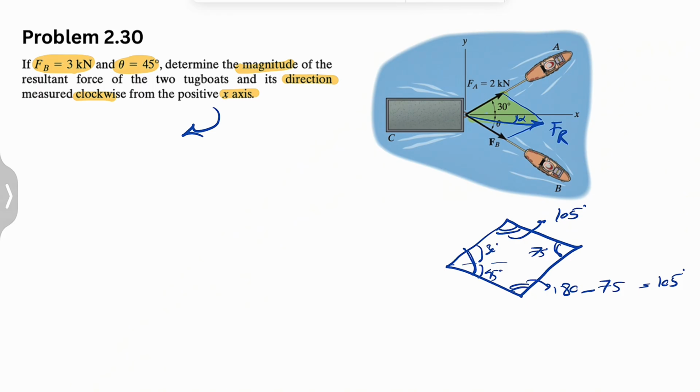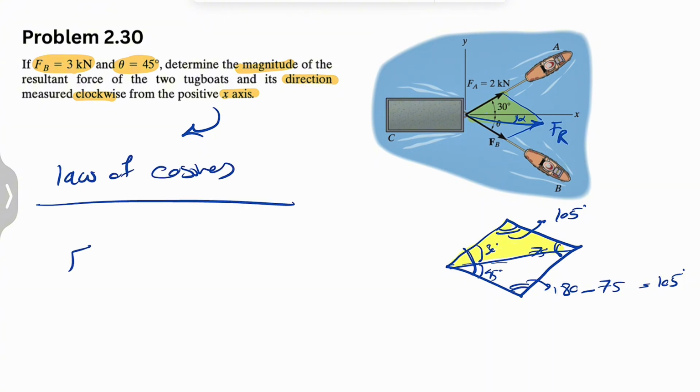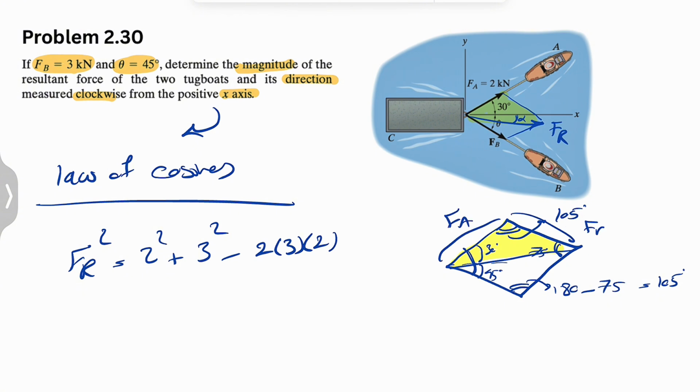All right, now that we have this, again we are looking at this triangle here, the yellow triangle. So we're going to use the law of cosines, where FR squared is equal to FA squared, which is 2 squared, plus FB squared, which is 3 squared, minus 2 times 3 times 2 times the cosine of the angle between FA and FB, which is cosine of 105 degrees.